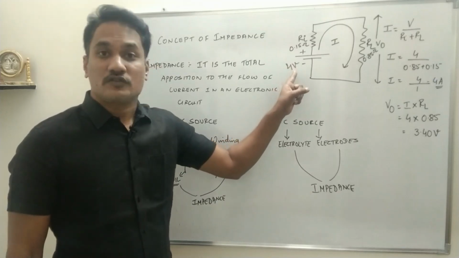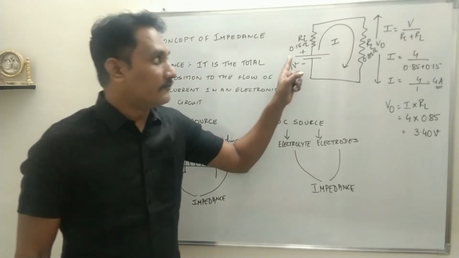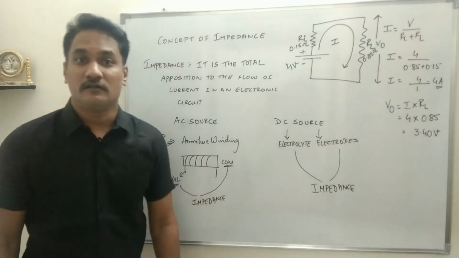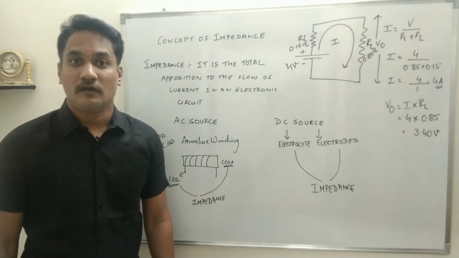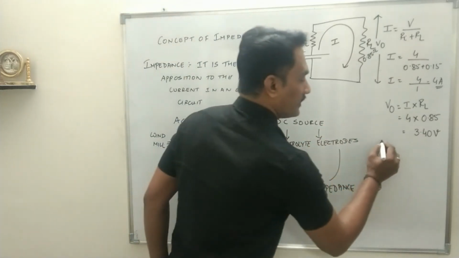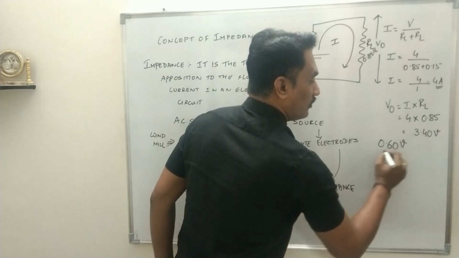We have designed a source of 4 volt, but when we connect a load to the source, how much are we getting at the output? 3.40 volt. So there is a drop of how many volt? There is a drop of 0.6 volt.